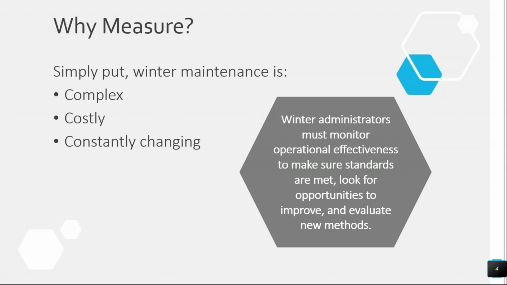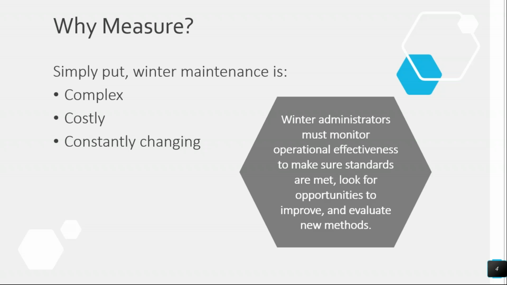Winter maintenance is really complex. You have different weather systems that are never the same. One storm can come in and behave like this, and another storm comes in and behaves differently. You've got different regions experiencing different weather scenarios and different expectations for the types of roads they take care of. It's also very costly.